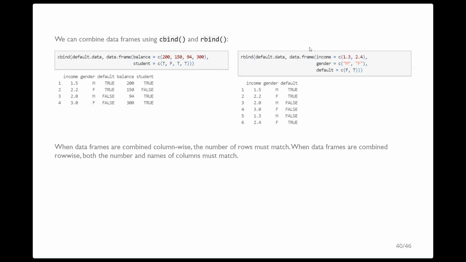When data frames are combined row-wise, both the number and names of columns must match. It means that the number of elements taken by the second data.frame function must be the same as the number of columns in the first data frame.